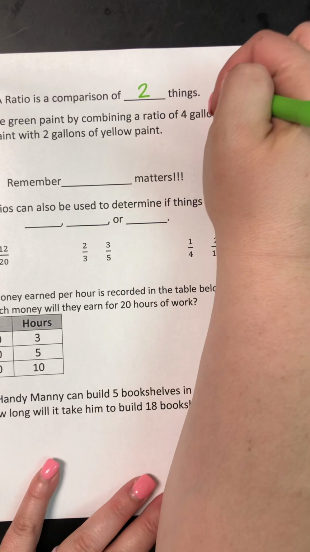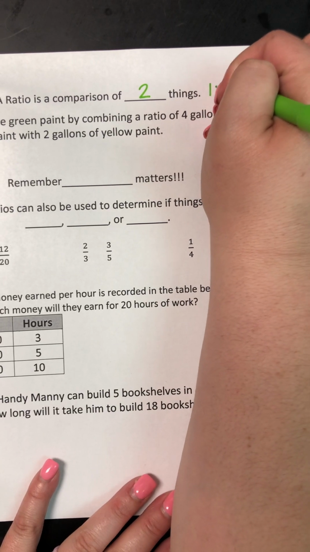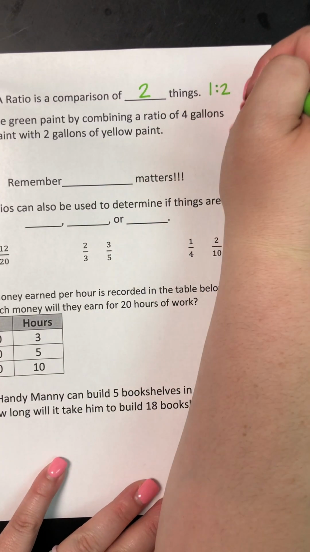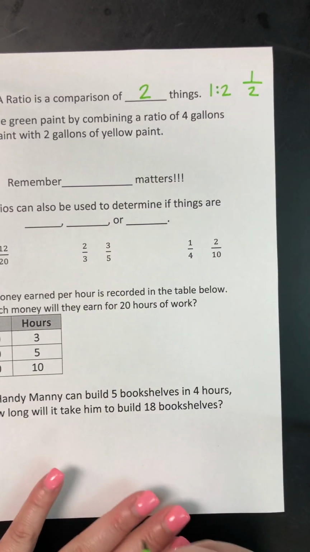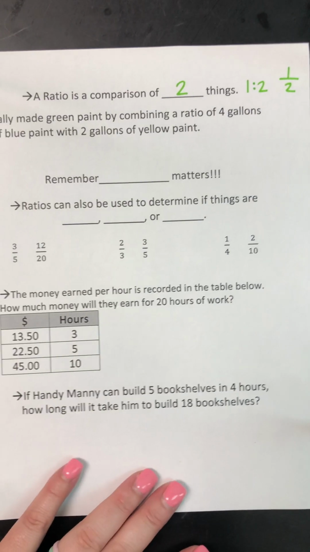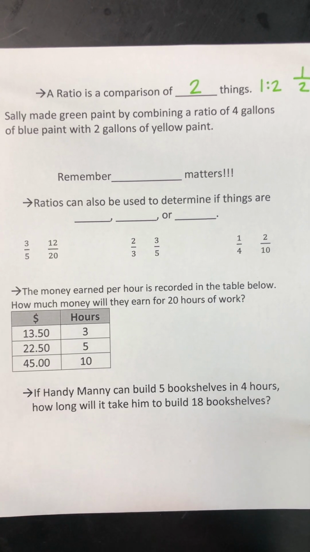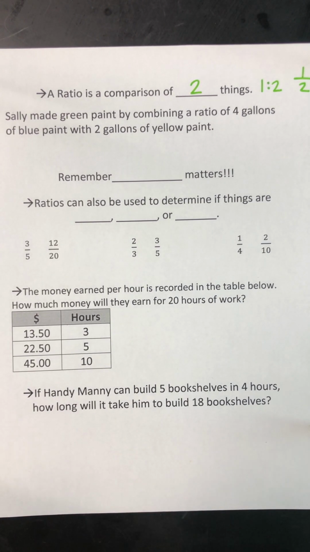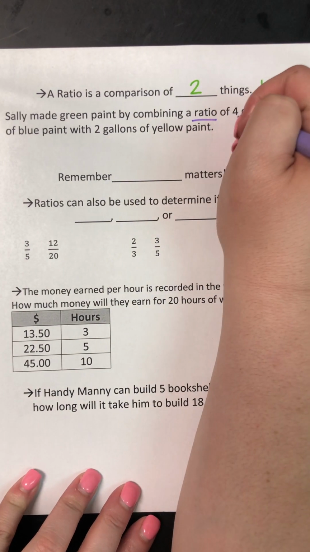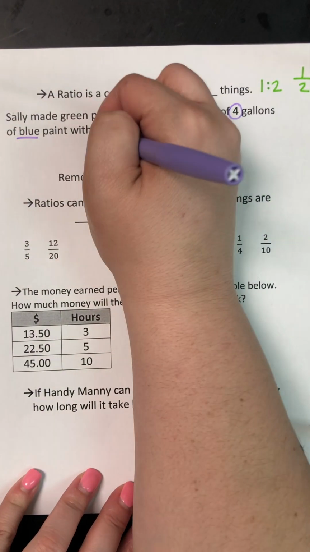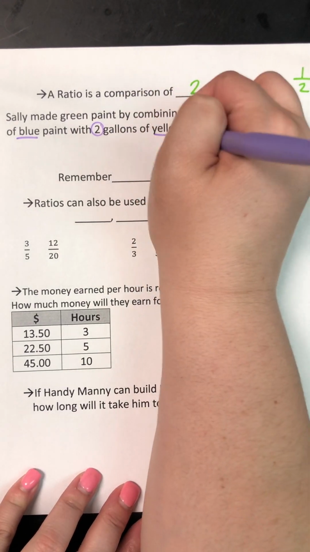Sometimes you might see a ratio written like this. Sometimes you might see it written like a fraction. There's lots of different ways you might see your ratios. So let's look at the first example. It says Sally made green paint by combining a ratio of 4 gallons of blue with 2 gallons of yellow.